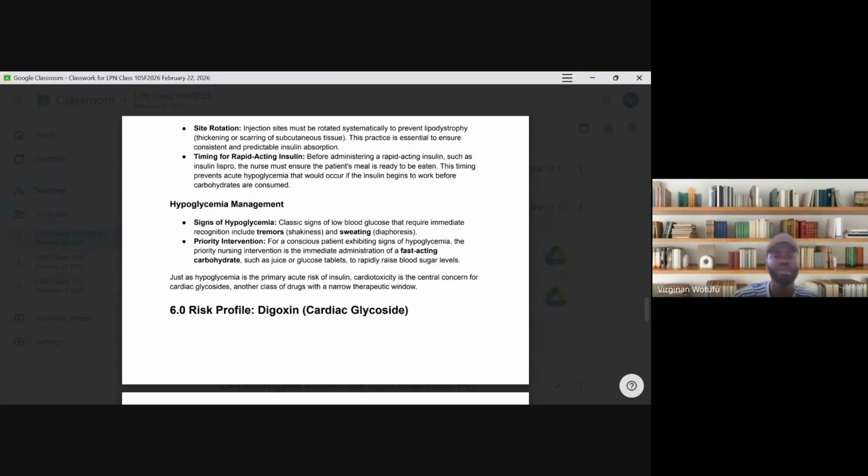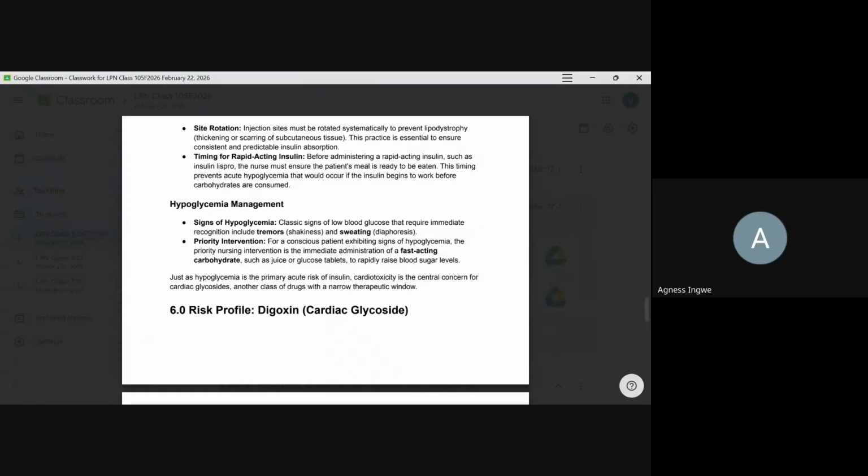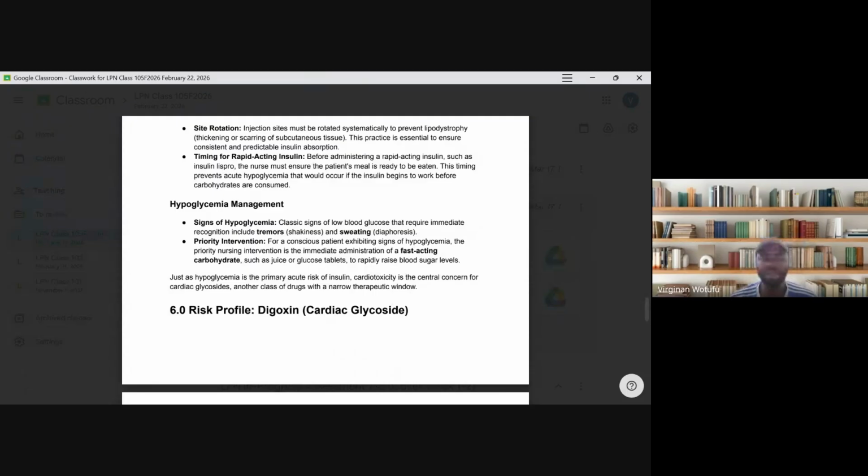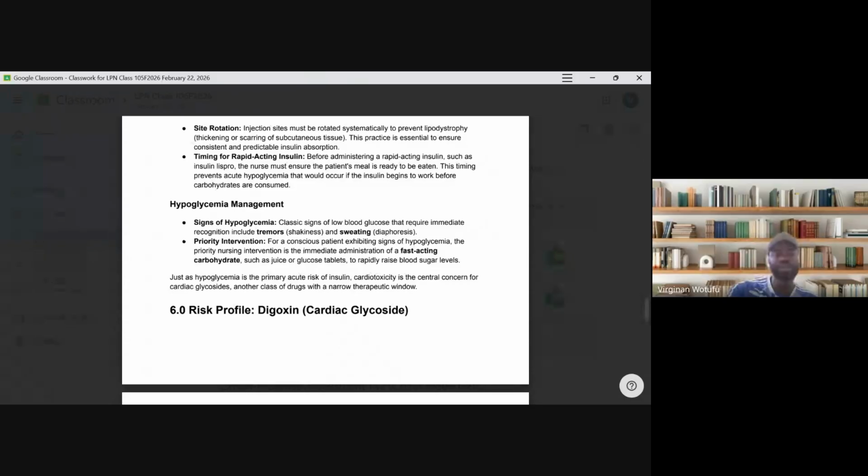Okay. So it needs to be watched or monitored consistently in order to avoid toxicity. Right? So we tell the difference between the therapeutic effect and toxic effect of medications. I think we can tell, right? The therapeutic effects are the primary effects for which the medication was being administered, right?